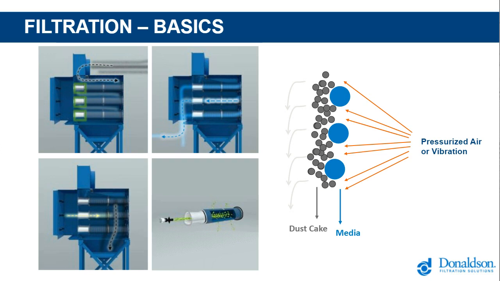We'll be capturing that on the outside of the cartridges, and the clean air then will return via the inner part. That is illustrated on the top section there with the blue colored flow. Through then applying a pressurized pulsating air pulse in the inner part of the cartridge, the dust will get released and falls into the hopper at the bottom.